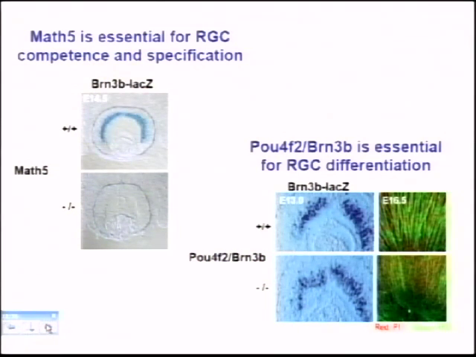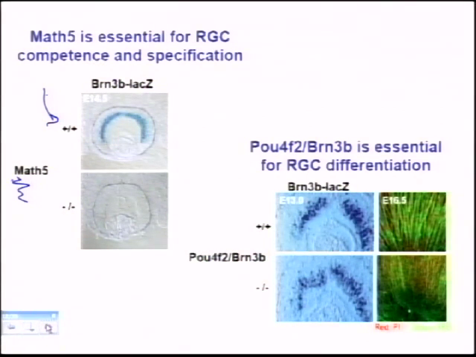So MAF5 is, as I say here, essential for retinal ganglion cell competence. It forms the competence field, those orange cells, and the specification, the commitment step. And you can see that here by a knockout of MAF5. In a wild-type retina, shown here at E14.5, we're reporting with the brain3B LacZ.